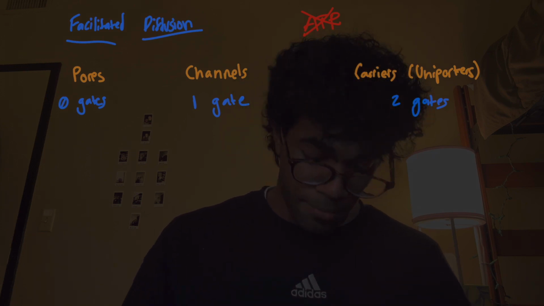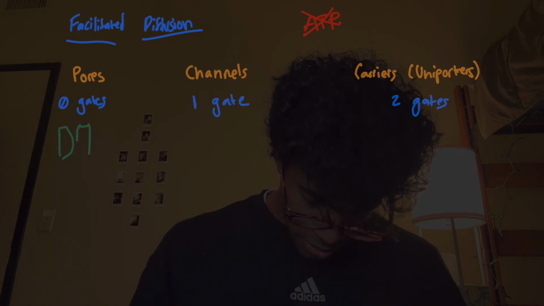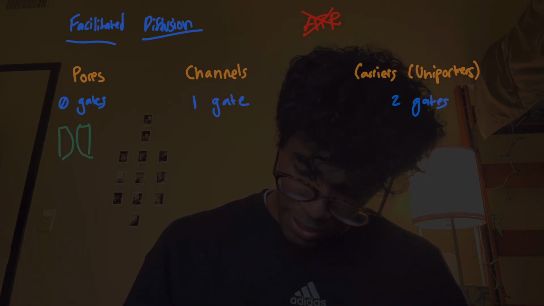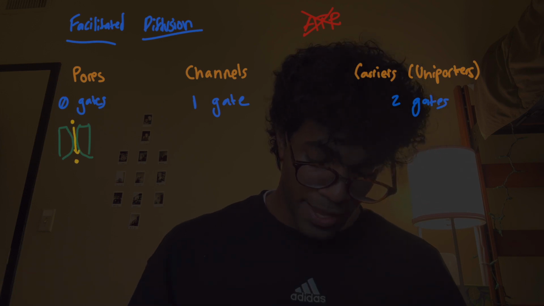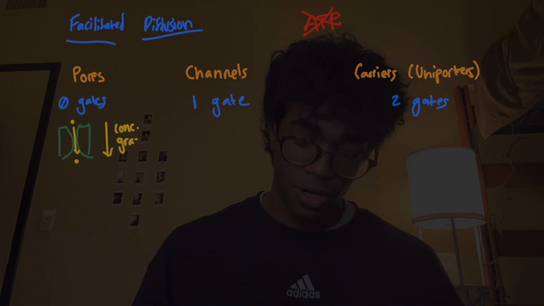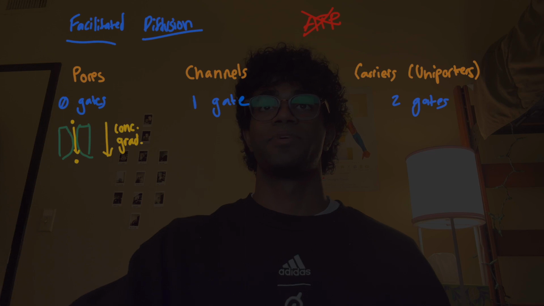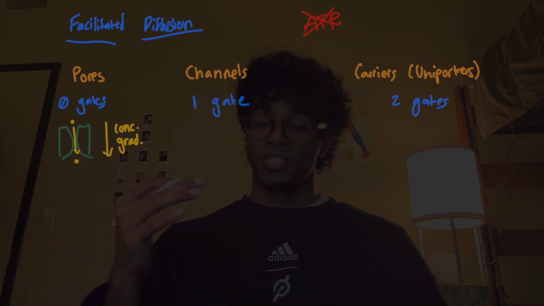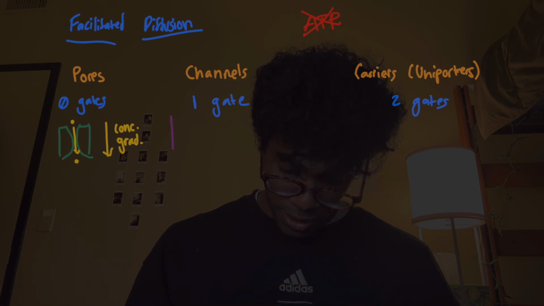So you're going to have a model that looks somewhat similar to this. So there's always going to be an opening here in which molecules can flow through depending on their concentration gradient. Remember, we have to go down our concentration gradient from high to low. Awesome. Now we have our channels, and channels have 1 gate, like we said before.